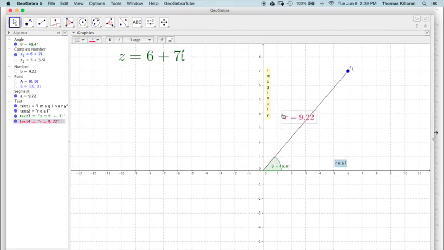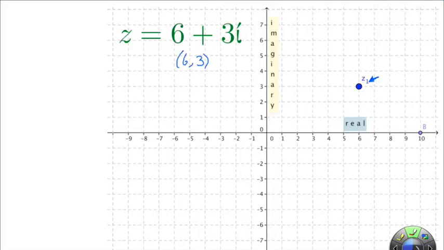In the case of this, r is equal to 9.22 and the angle is equal to 49.4 degrees. So it's kind of like polar form for complex numbers. It's kind of a weird idea, but it comes from this idea that you can plot an imaginary number in a complex coordinate plane. All right, so let's see what we can do with this. Back to this program. Next page.